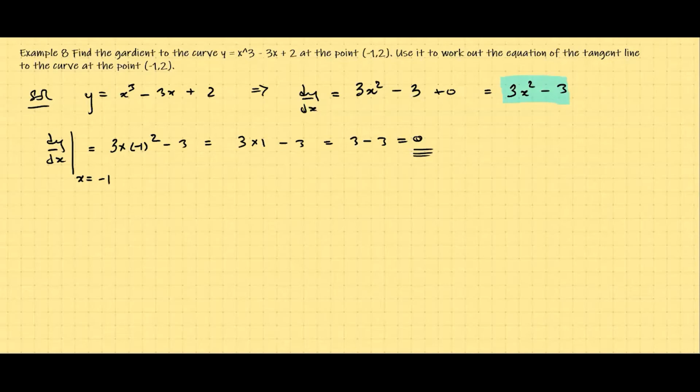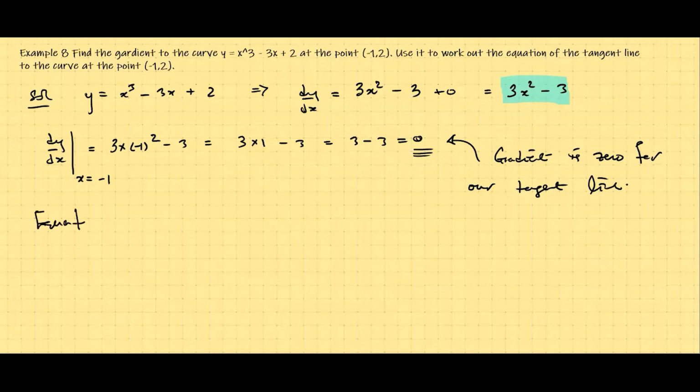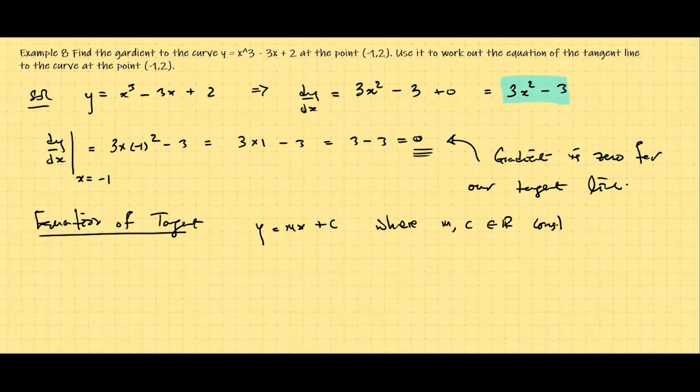Now, given that the gradient is 0 for our tangent line, that tells us that our general equation of the tangent has got to be of the form y equals mx plus c, where m and c are real constants, with m being the gradient and c being the y-intercept.